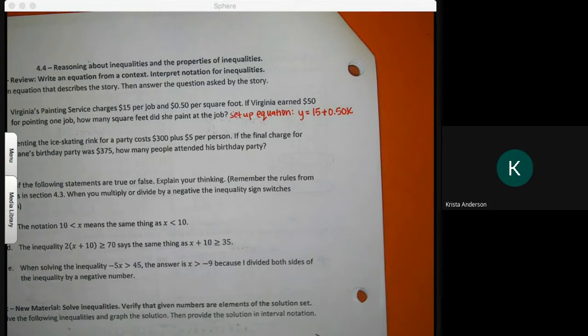I show up to the job, I automatically get how much money? $15. Boom, 15. But then every square foot that I paint, I get an extra 50 cents. That is why I put an x on the 50 cents, because it's the extra money I will make each square foot. From there, I then need to solve.